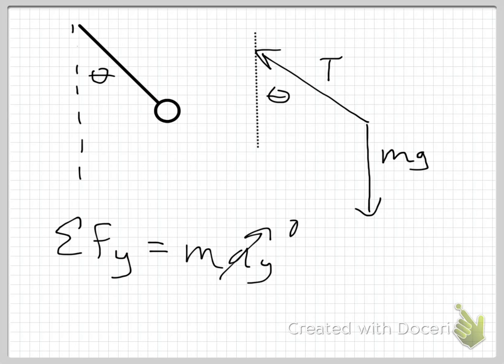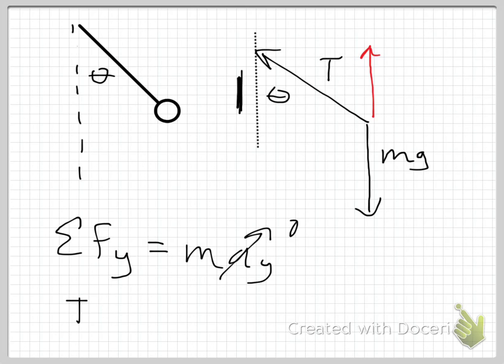So then I get T minus mg is equal to 0. The component of tension in the y direction looks like this. Let me change to a different color. That is T cosine theta, cosine because with the angle where it is, this is the adjacent side to that angle. If I move this vector over here, I have the component.